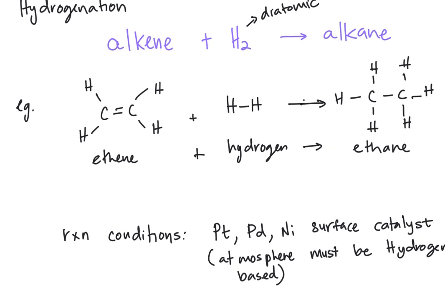So like I said before, what you want to do is above your arrow, you must put in whatever surface catalyst you use. Platinum, palladium, or you can even put nickel, whatever catalyst this reaction requires. It's called a surface catalyst.